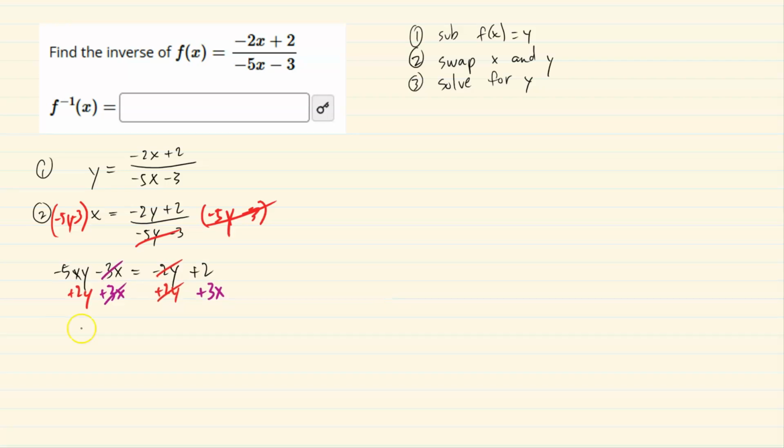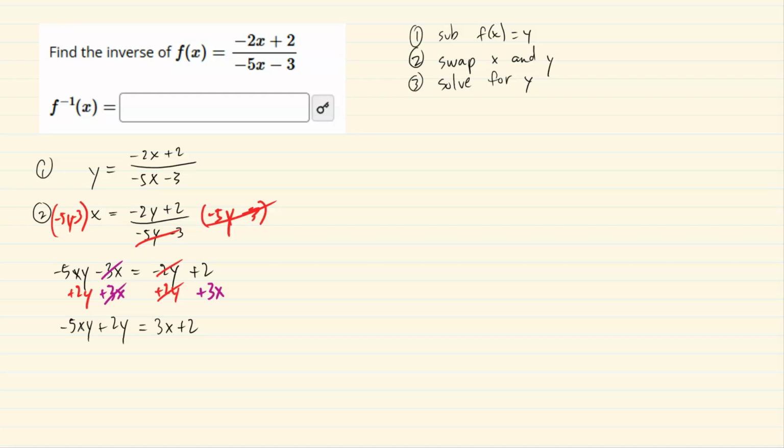So we're left with negative 5xy plus 2y equals 3x plus 2. Okay, now that we have the y terms on the left side and no other terms on that left side, we can do a little trick. This is where the trick comes in.